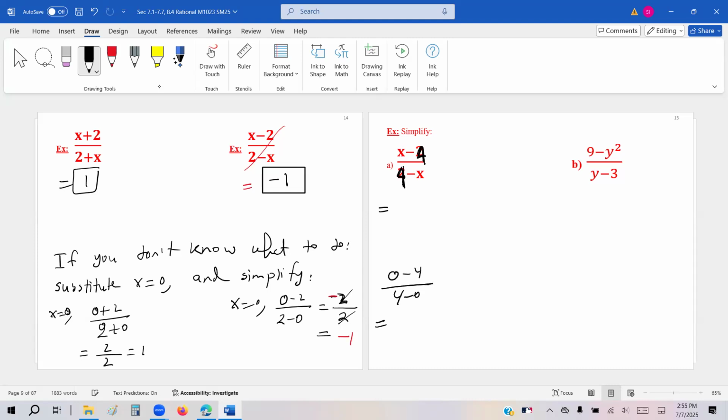And then what? What is 0 minus 4? Good. What is 4 minus 0? 4. Okay. And if you divide, what do you get? So what's the answer here?